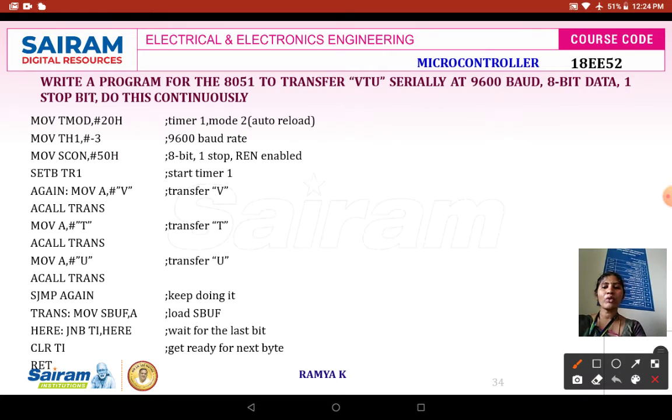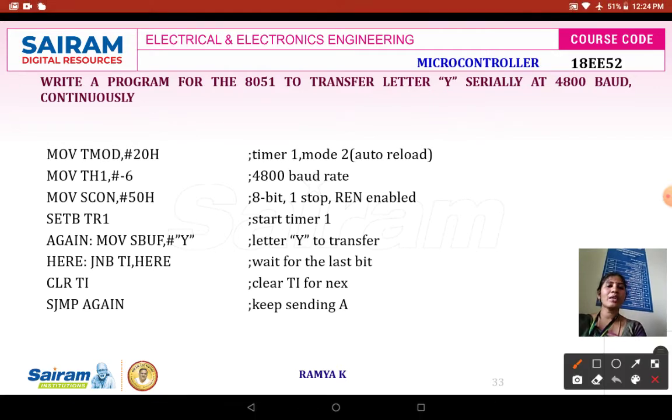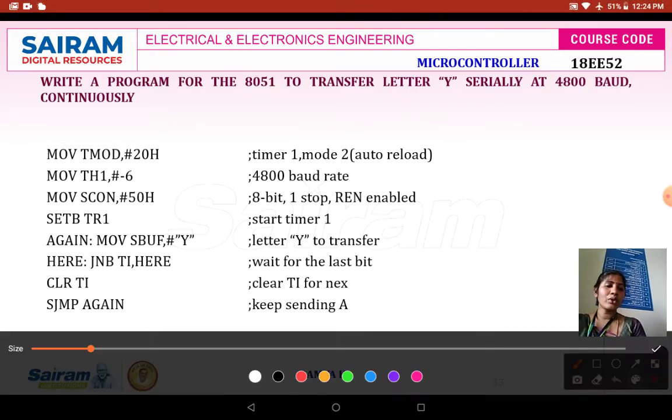The first step you are supposed to follow when transferring data serially in 8051 is to load your TMOD register. So you have to load your TMOD register, then decide under which mode of operation your serial controller is going to work.